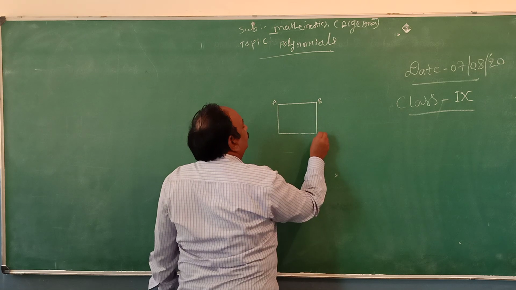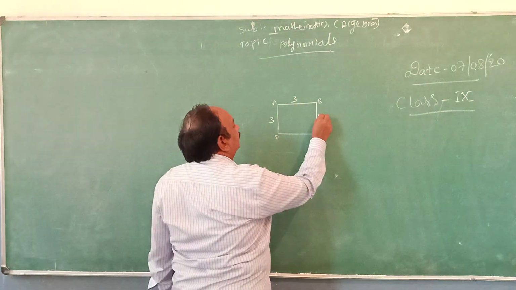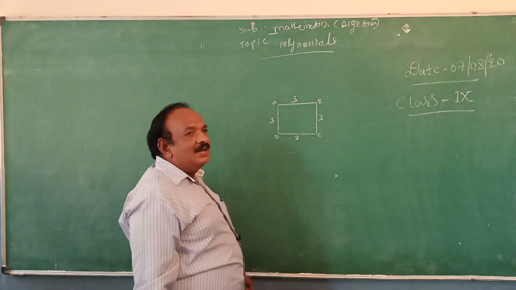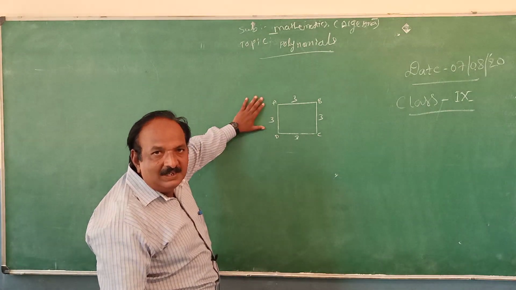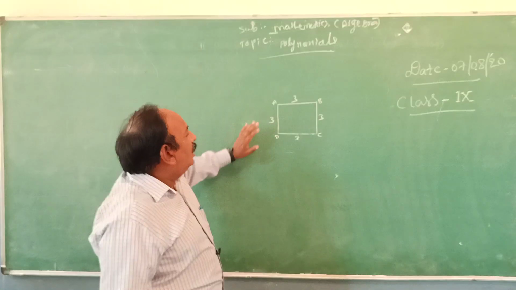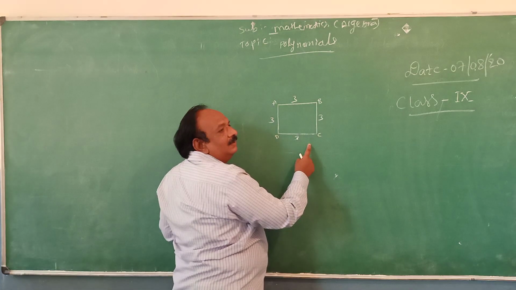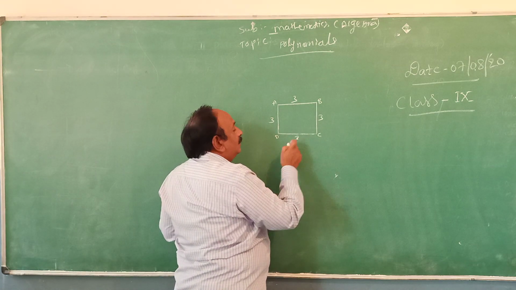ABCD is a square. Each side is 3 centimeters, because a square is a geometrical figure in which all sides are equal. So this ABCD is a square, each side of length 3 centimeters.